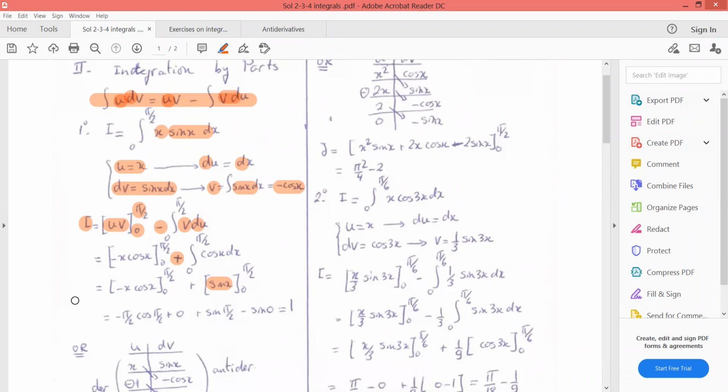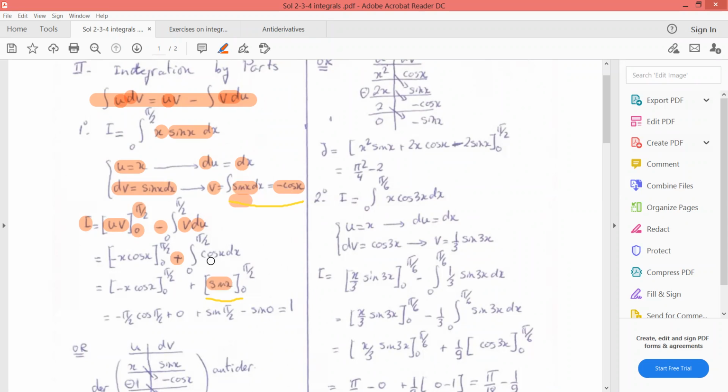Yes, what is the question? Here why did you make sine x equal minus cosine x, and here you changed and put sine x? Here the integral of sine is minus cosine. Here the integral of cosine is sine. Here the integral of sine is up here. Here the integral of sine is minus cosine.